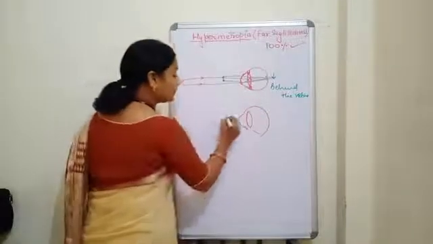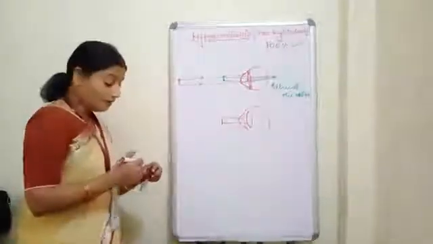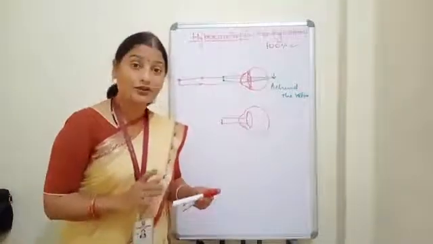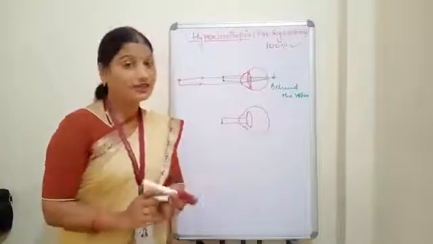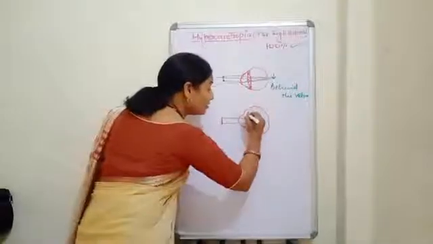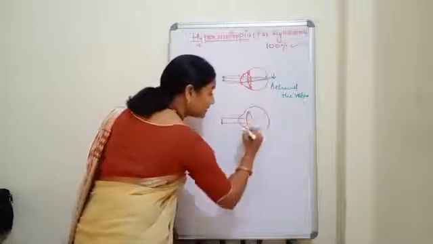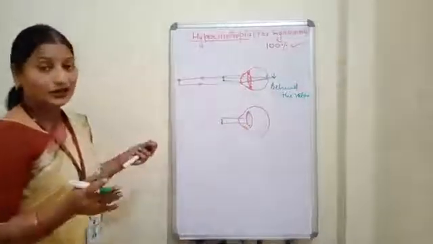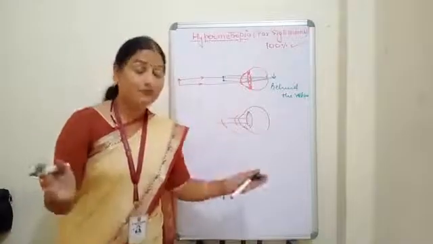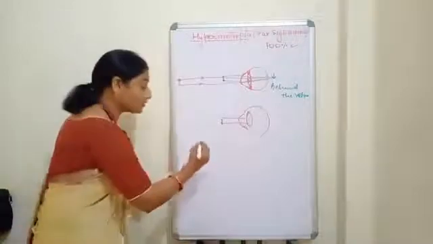When the ray of light enters the eye, now see children, the power of convergence has become lessened. When the lens of the eye becomes thin, as we have already studied in physics laws, the focal length will increase and the power of convergence will decrease. This is the concept.